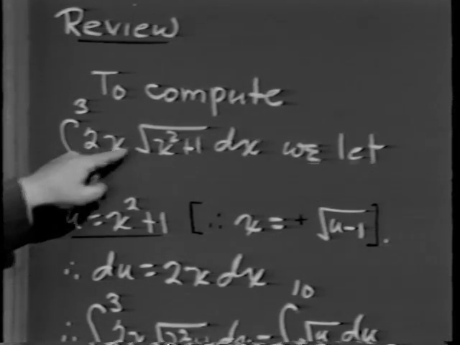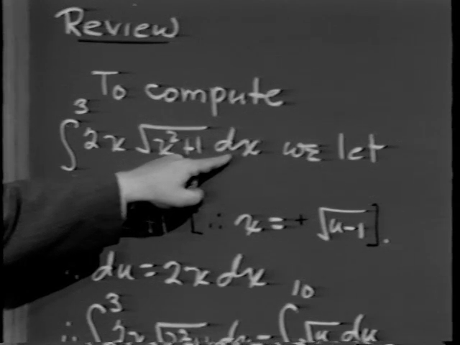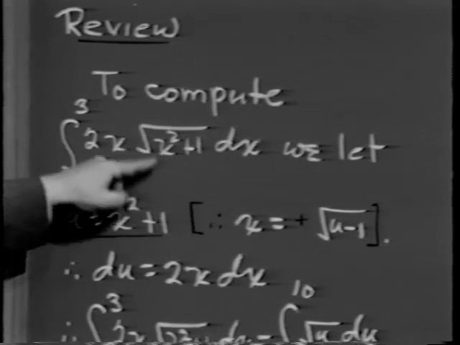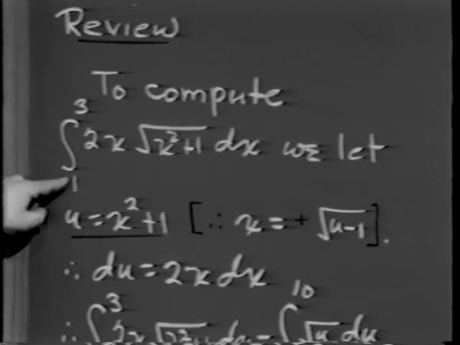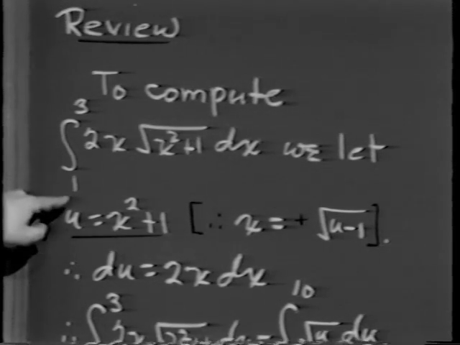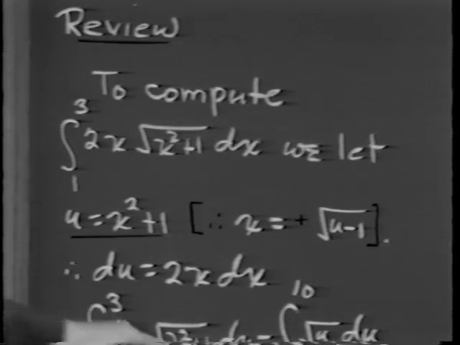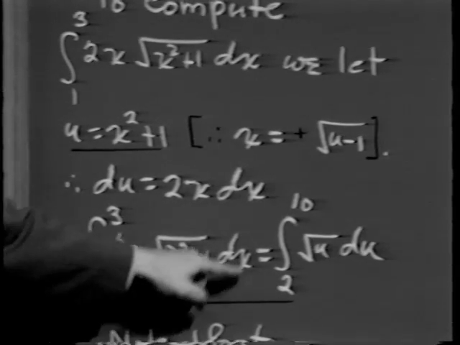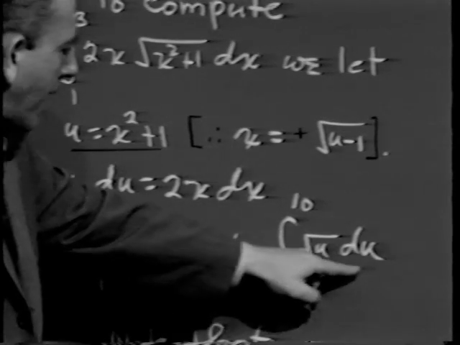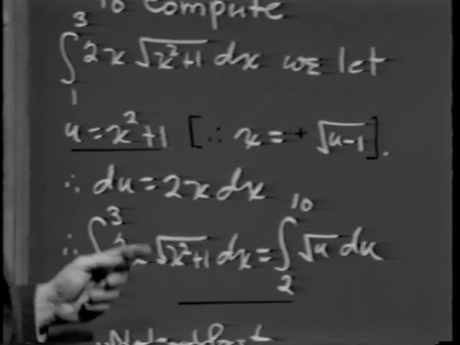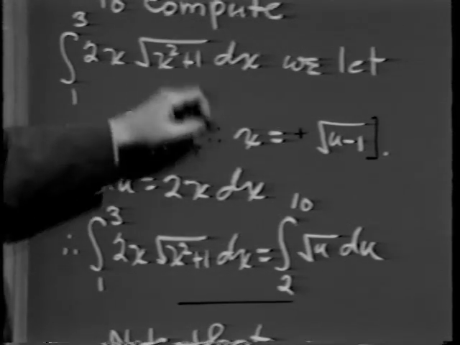We replaced 2x dx by its value du. We replaced the square root of x squared plus 1 by the square root of u. And then noticing that when x equaled 1, u equaled 2, and when x equaled 3, u equaled 10, we wound up with the fact that the number named by this definite integral was the same as the number named by this definite integral.